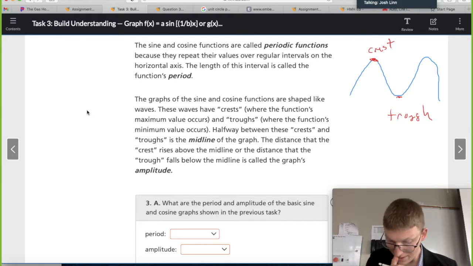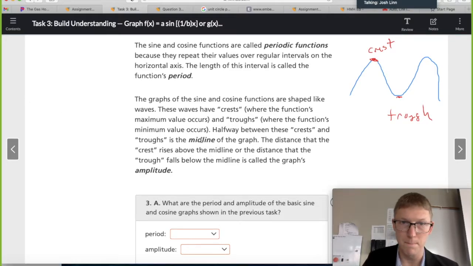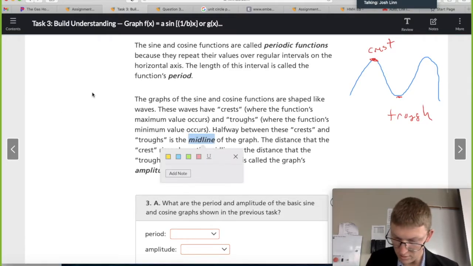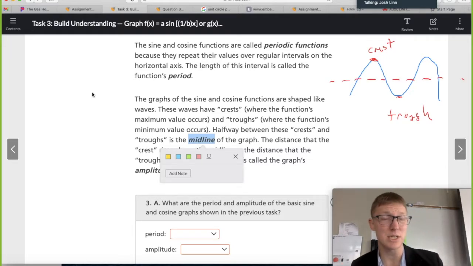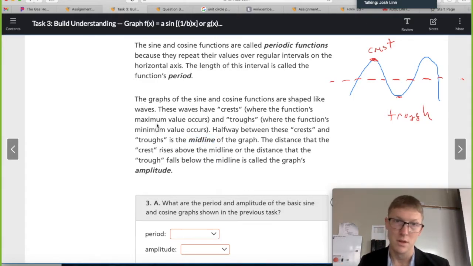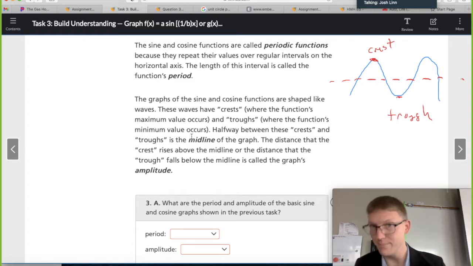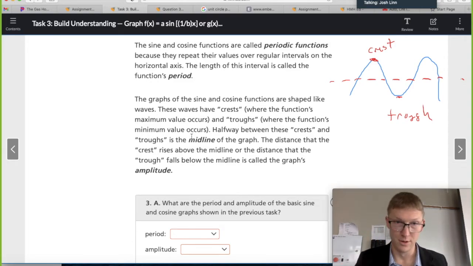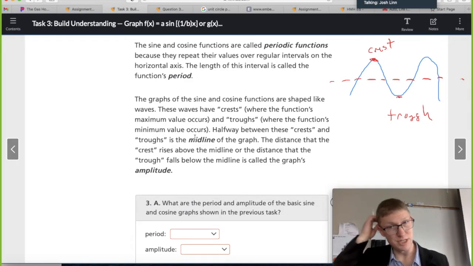And then what is an official word is your midline. Typically, especially at this stage of the game, your midline is going to be the x-axis. However, it doesn't necessarily have to be, but that's where we're at. So the midline, in most cases, for your situation now, is going to be the x-axis.